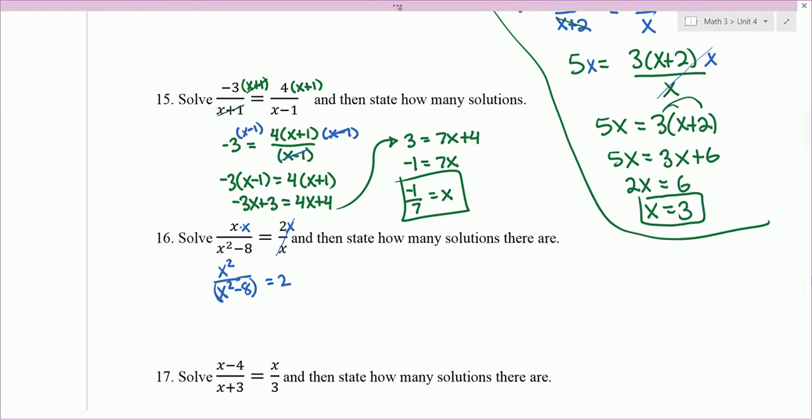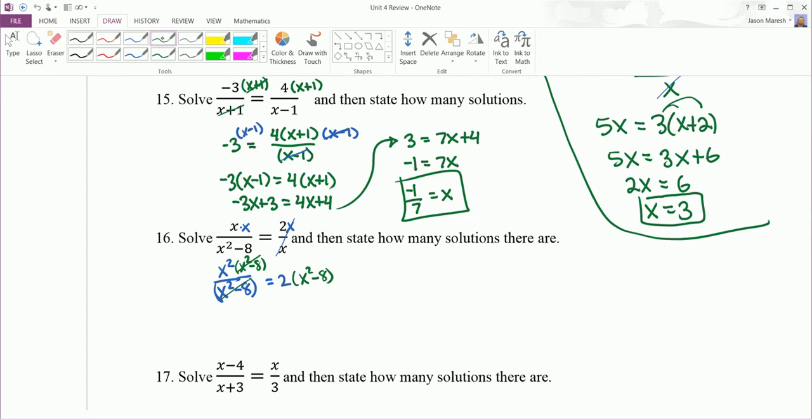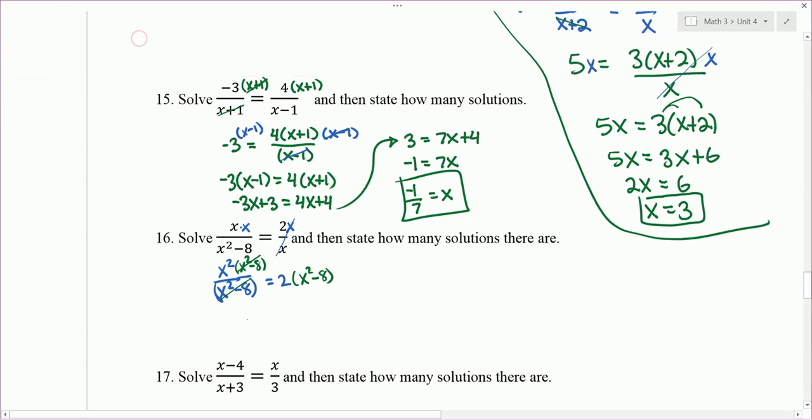But we can get rid of that fraction by multiplying by x squared minus 8 on both sides. That allows us to cancel out the x squared minus 8. And now we're left with x squared equals 2 times x squared minus 8.